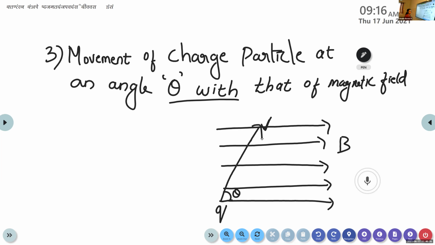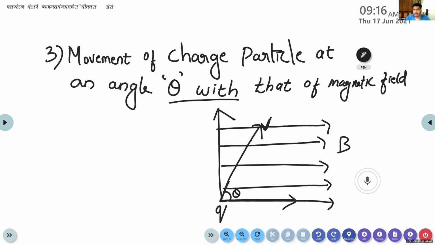And we know that velocity is a vector quantity, right? And here this velocity is inclined at an angle theta. So what happens? It is resolved into two components. One is a parallel component and the other is a perpendicular component.